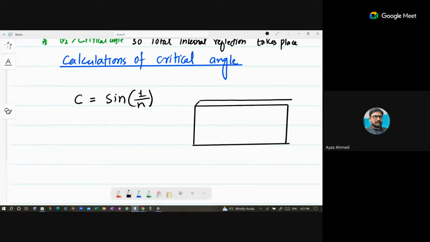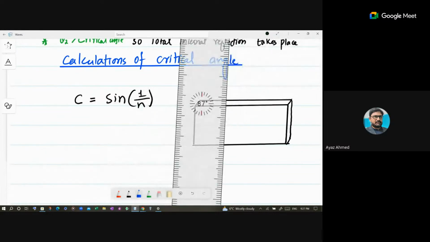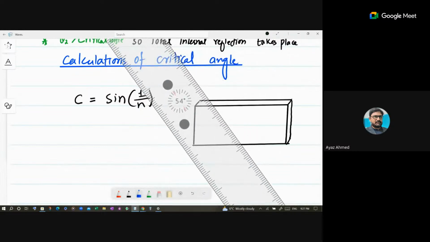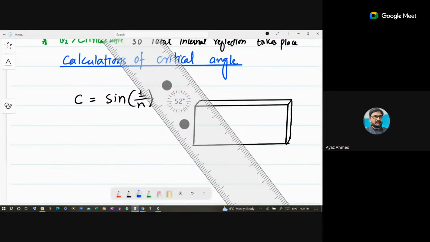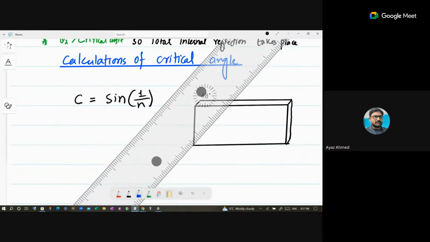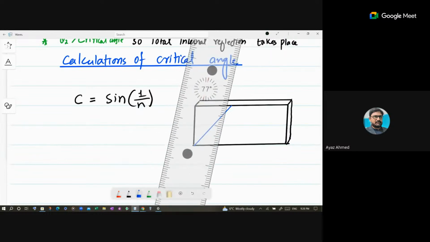This is your glass slab. In this glass slab, you incident some light from denser to rarer medium in this way. Light is entering from this point over here. Here is the normal.